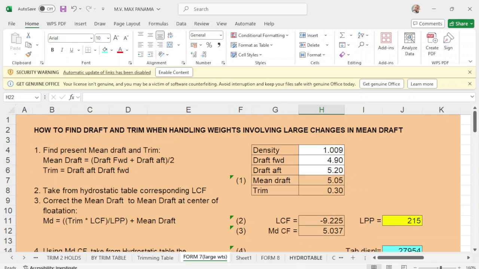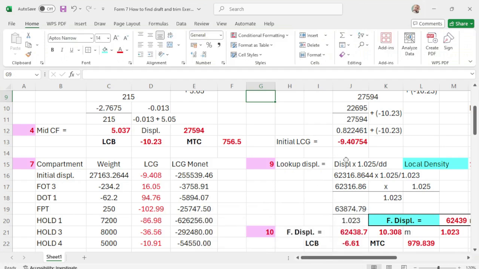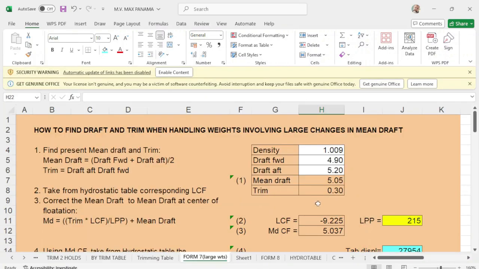I made an Excel form for you to follow. So the forward draft is 4.90, the aft draft is 5.20, the mean draft is 5.05, and the trim is 0.30. So that is number 1.